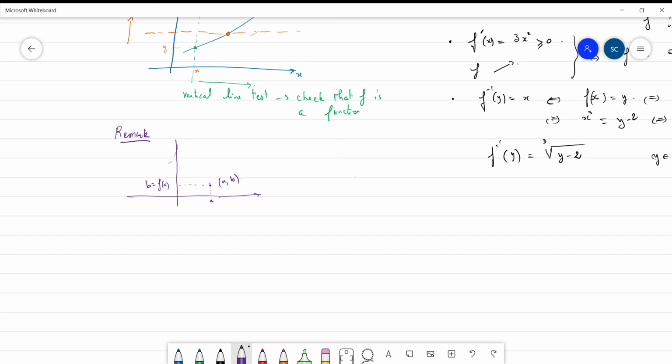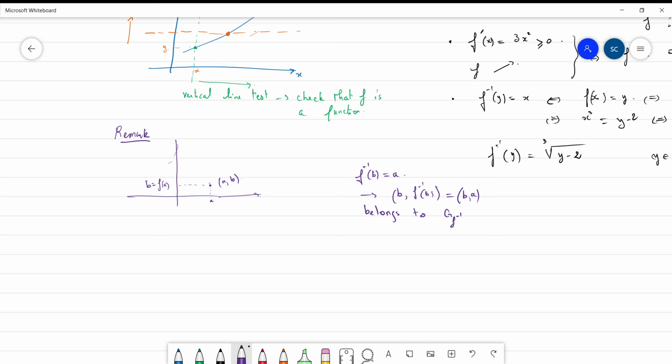Then f minus 1 of B is A. So the point (B, A) belongs to the graph of f minus 1.